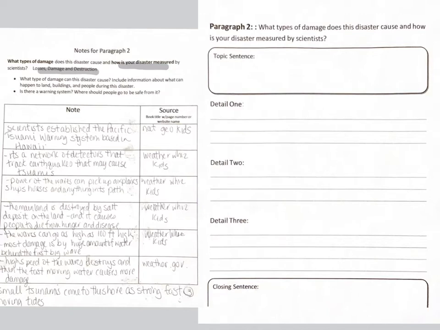Now I'm going to create my topic sentence. The effects of a tsunami depend on seismic energy, and I'm going to put in parentheses here so that we know what the seismic energy is.